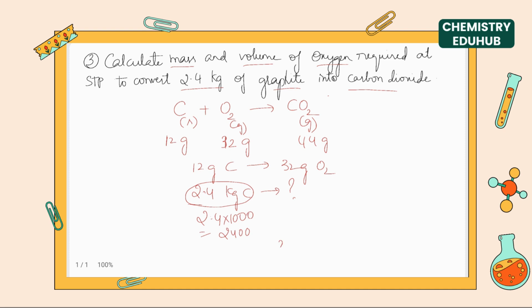So from this the amount of oxygen required will be 32 into 2400 by 12, which is 6400 grams of O2. So instead of 12 grams, if you take 2400 grams of carbon, then the amount of O2 that would be required will be 6400.